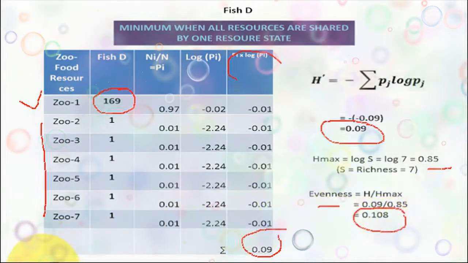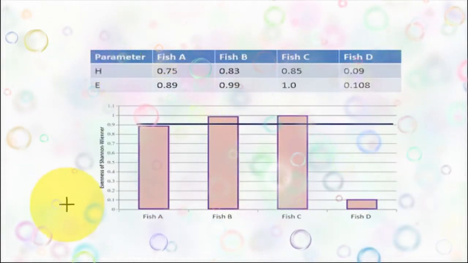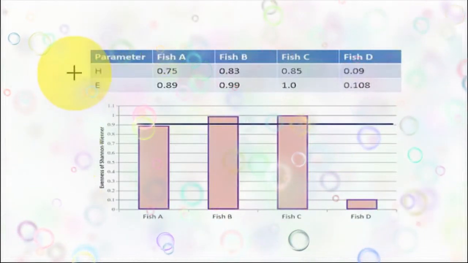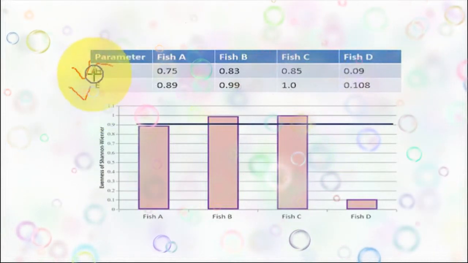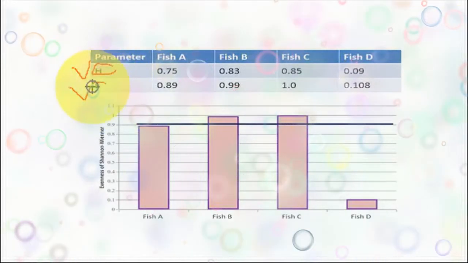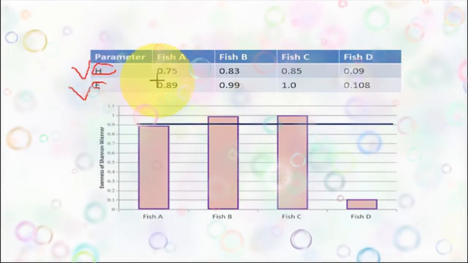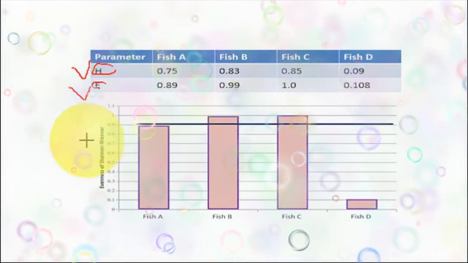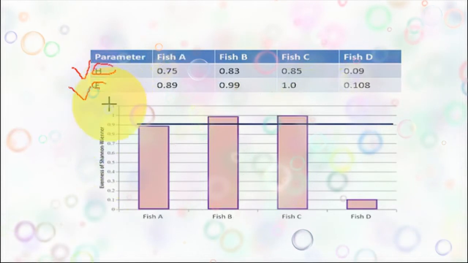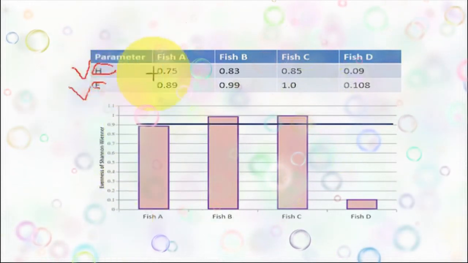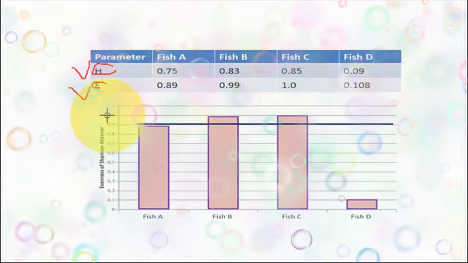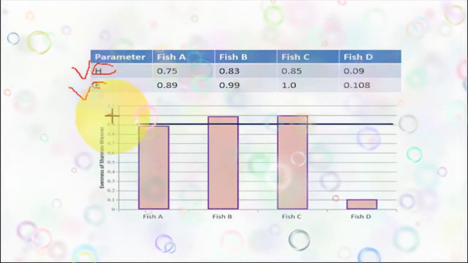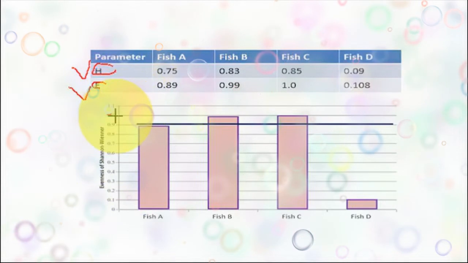So you can represent them in a graph this way. You have to represent H as well as E, means the Shannon index as well as its evenness, and all the figures you have to put down, and that graph you can draw for the evenness. This graph may not have any upper limit, but in case of evenness the upper limit is 1. This is the 1 you can see on the y-axis, the upper limit.